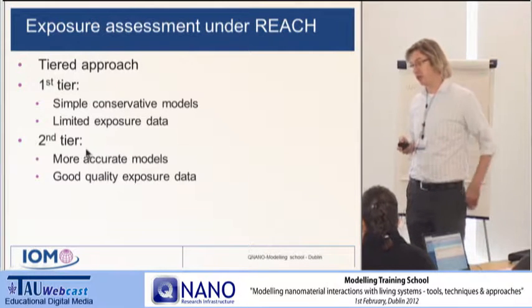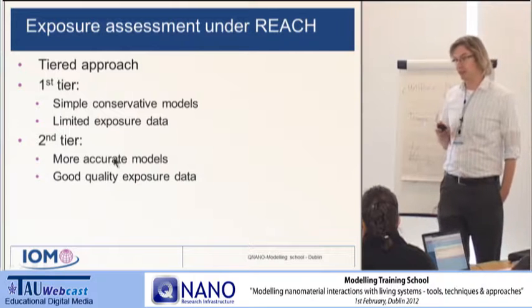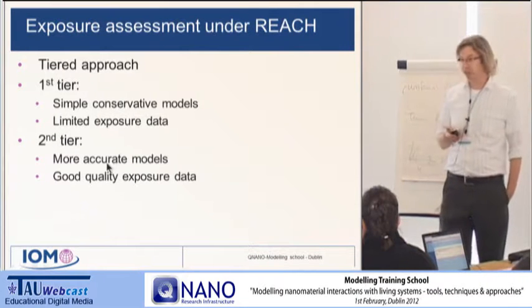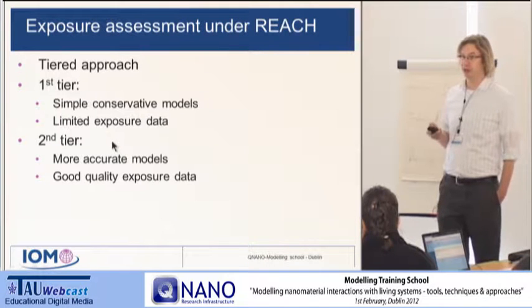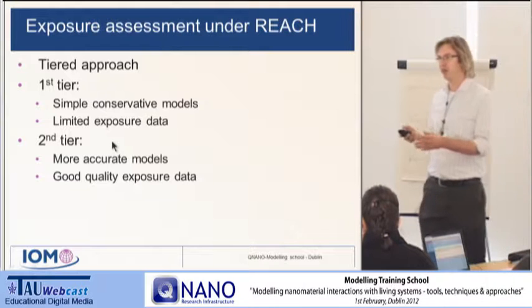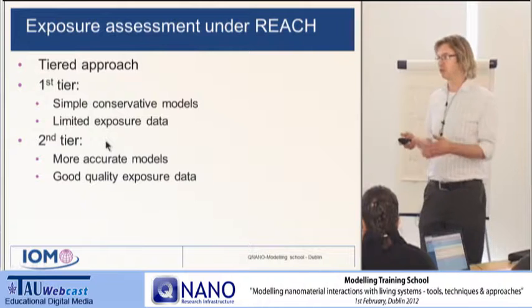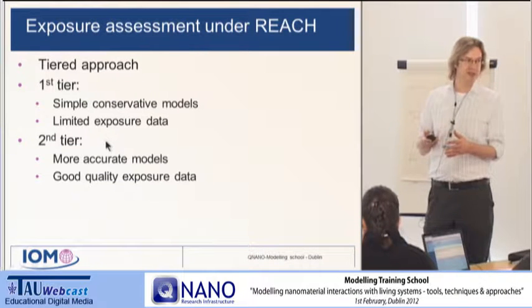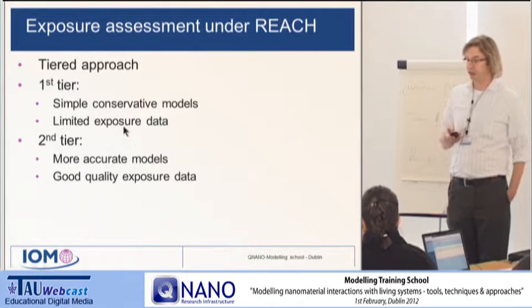Now, if that first-tier assessment shows that there may still be a risk, then you can do one of two things. You can go back to your scenario and say, right, rather than having an open process, I'm closing it, or I'm putting a better ventilation system in place, and then do your first-tier assessment again.